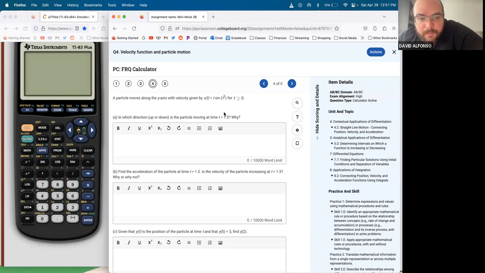So in which direction is the particle moving at t equals 1.5?